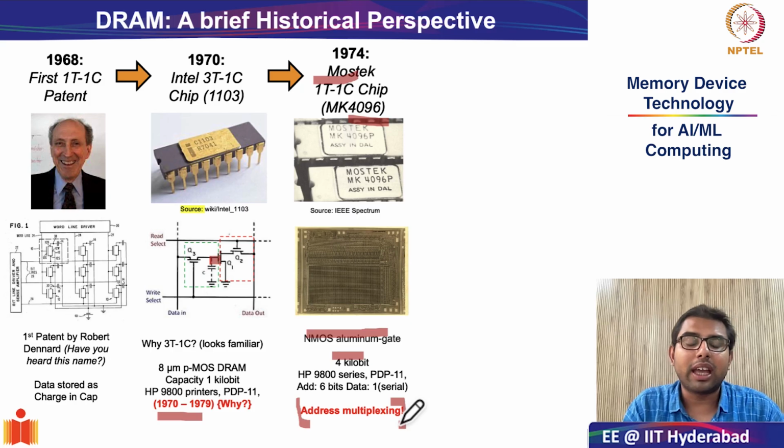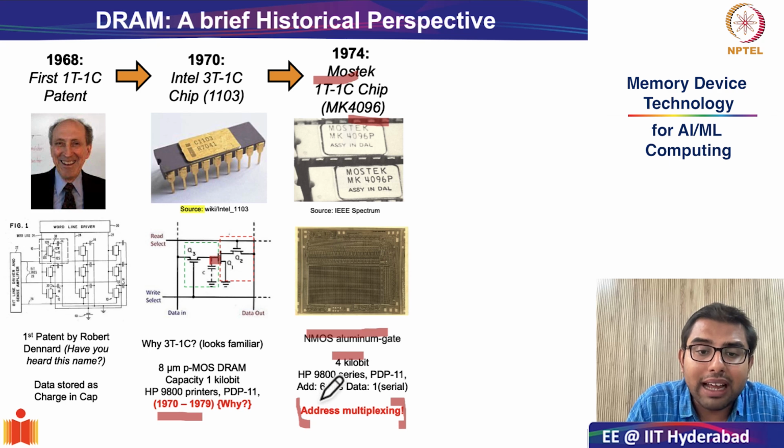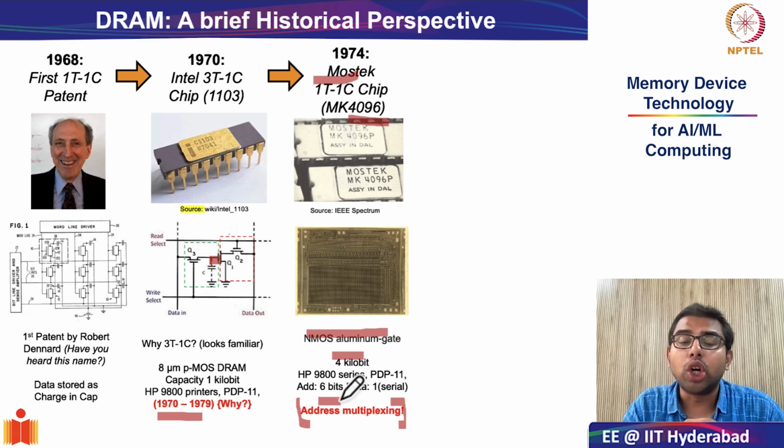Okay, the interesting part of this design was, for the first time, we have discussed in detail in the first or second week of our course the importance of memory peripheral circuitry in having very dense memories, right? In accessing very dense memories. And for the first time, the concept of address multiplexing was used. So a 6-bit address was used to access the memory locations.